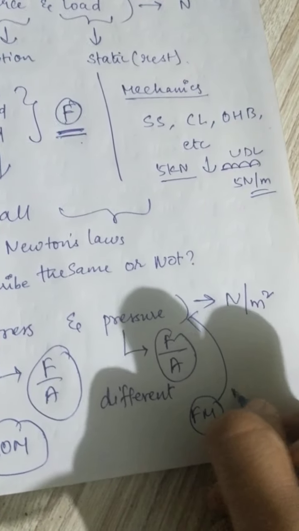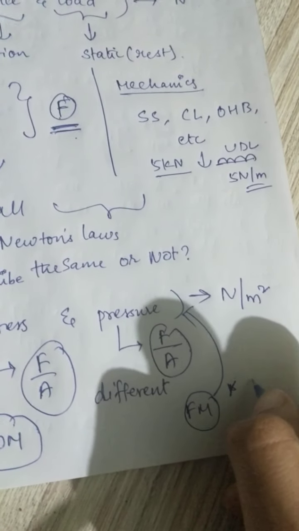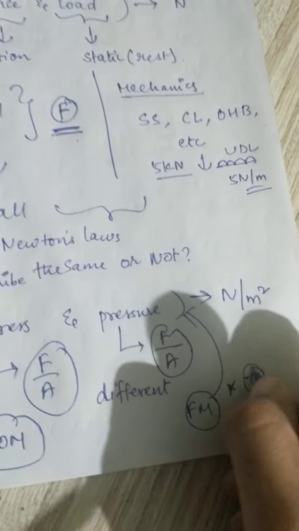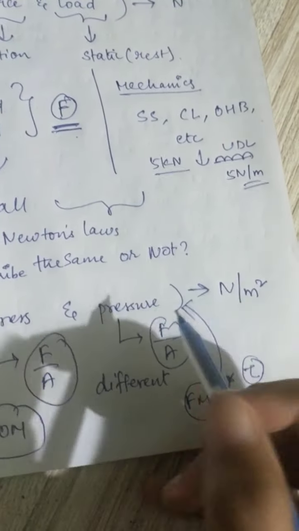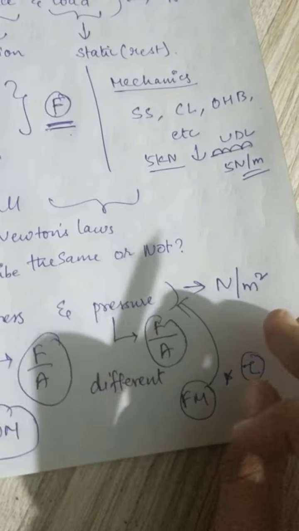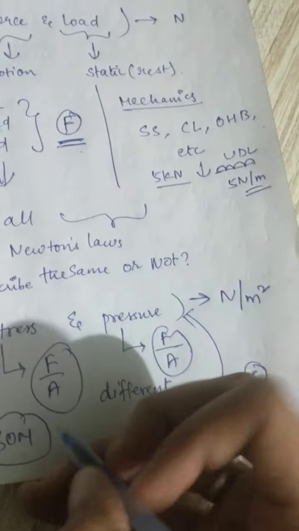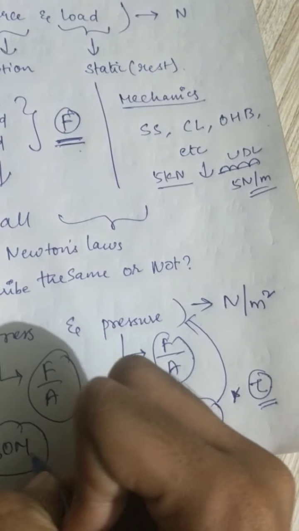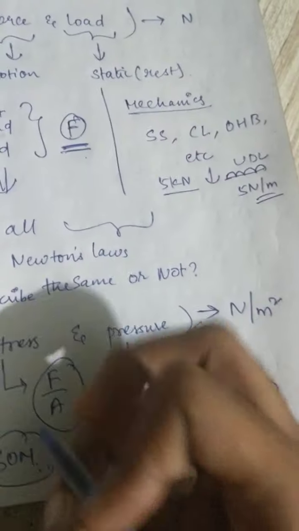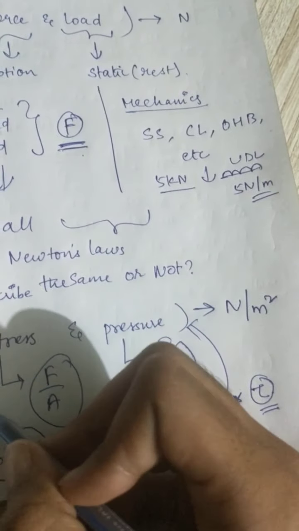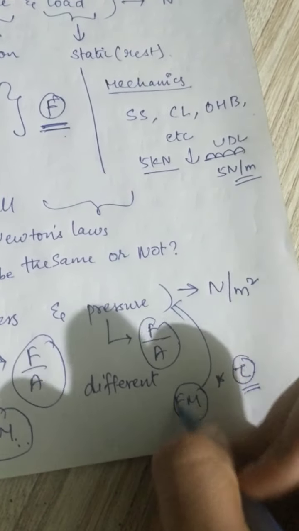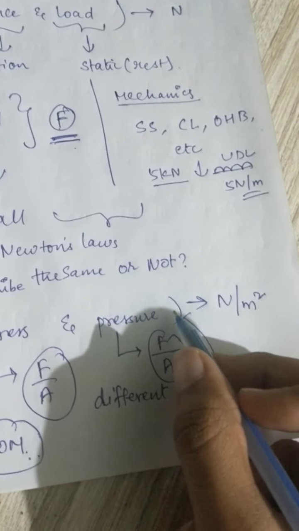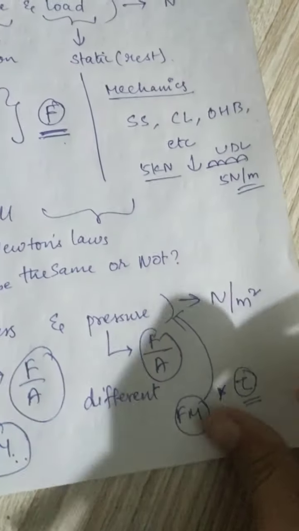except there is a star mark. In Newton's law of viscosity, there we get a shear stress. Just leave that one and think of these two. In strength of materials, engineering mechanics, and theory of machines, we get the stress term, but not pressure. But in fluid mechanics, we get the pressure term, but not stress.